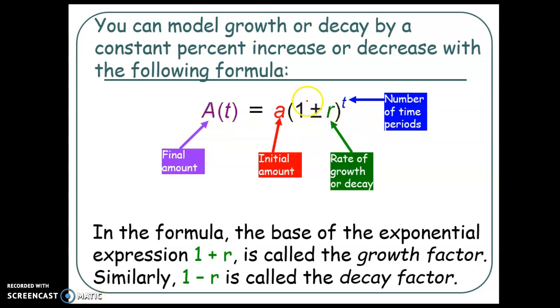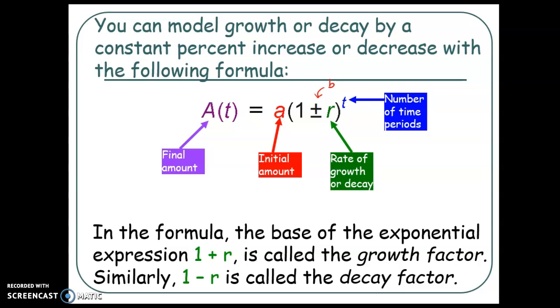Okay, this is where I was telling you in the first one that b gets replaced by this 1 plus or minus r. And this is basically so you can find different rates of growth and decay based on what they're giving you in a word problem usually. A lot of times it has to do with population growth or population getting smaller, or decay, and the others, money.